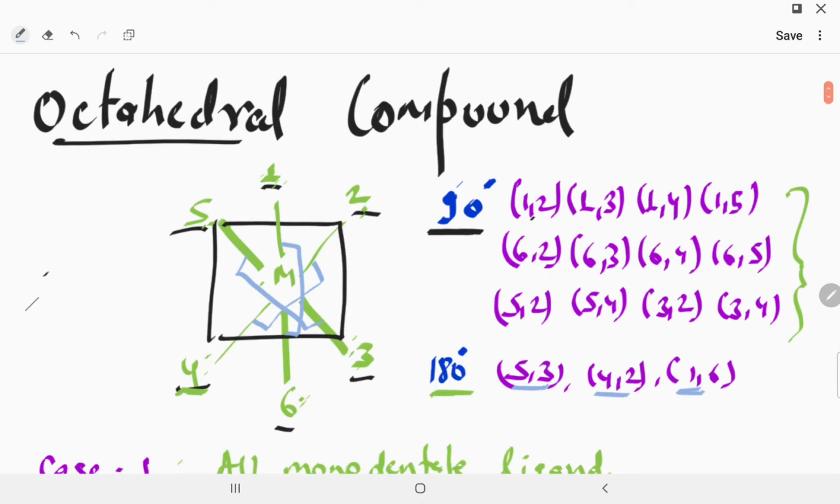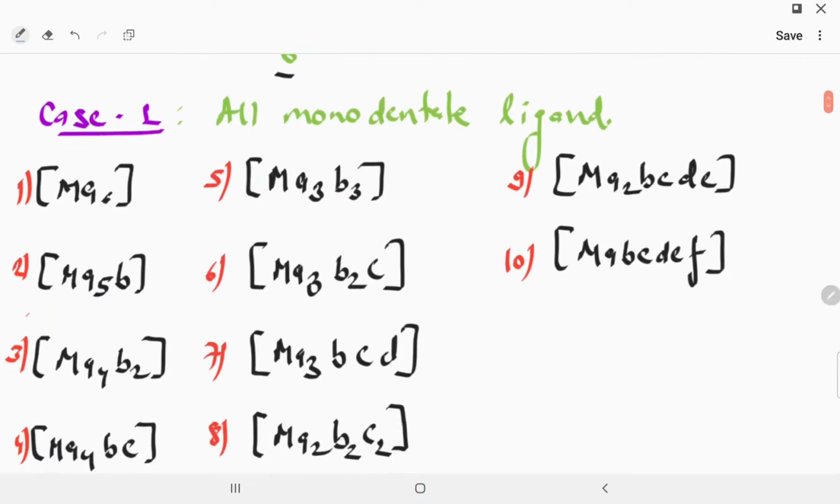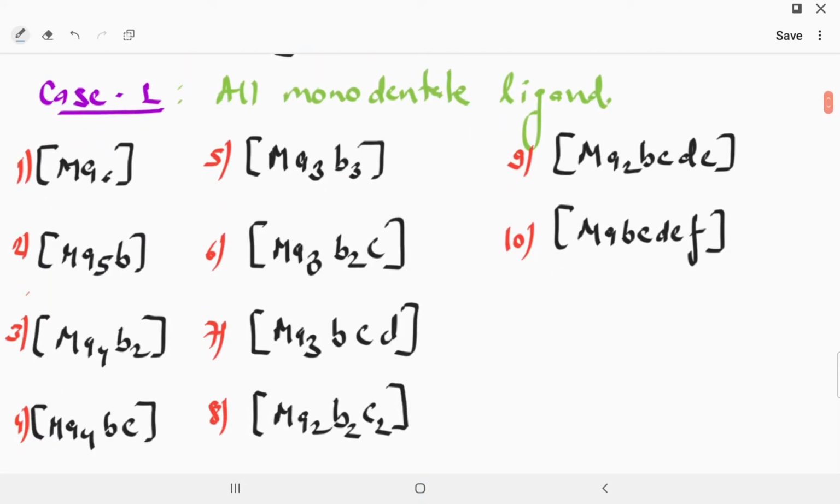Now in this, there are three types of cases. First, when all the ligands on the metal atom are monodentate. Monodentate means they have the same denticity, they donate one donor atom at a time.